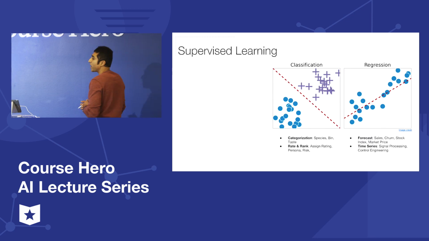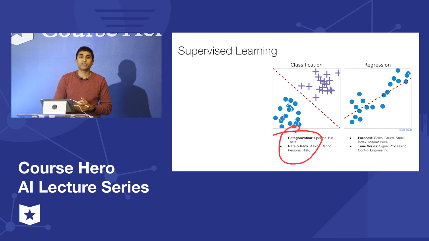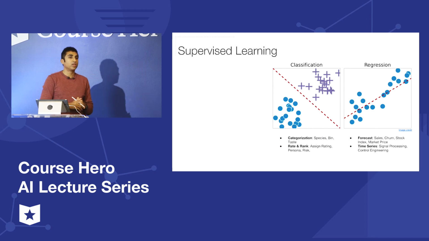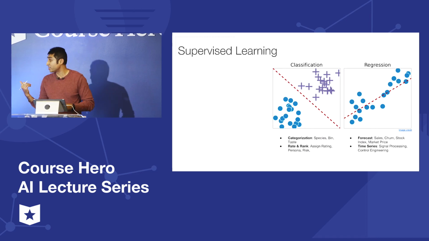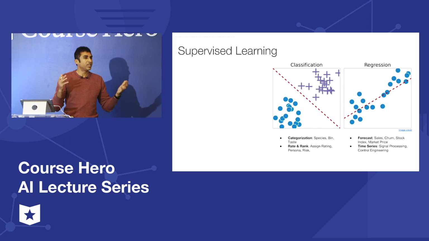In classification, you're trying to rate and rank, categorize, or identify some kind of flavor, taste, species, assignments. In regression, you're trying to forecast a number. It's a real number, right? You're trying to forecast time series for signal processing, for control systems. You're trying to forecast market indexes, right? It's exactly the same neural network. That's the power of artificial neural networks.